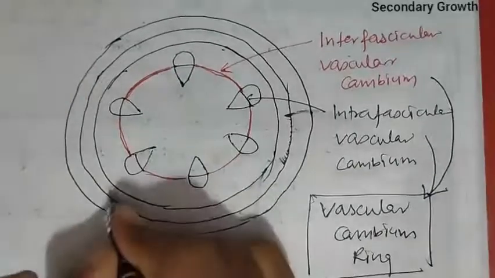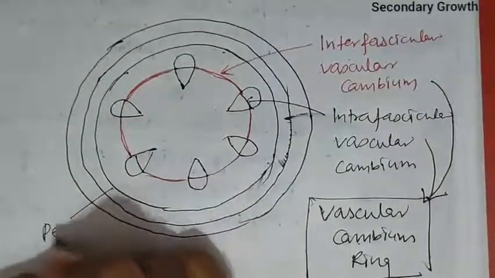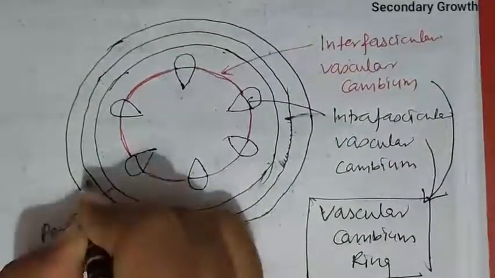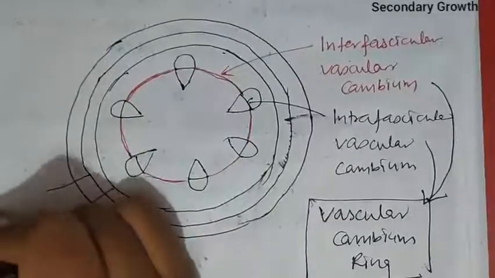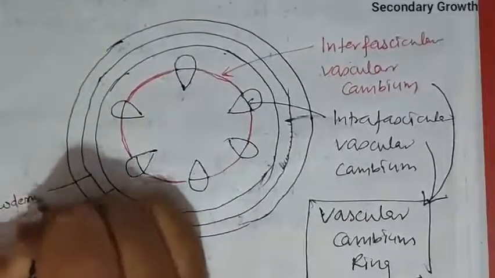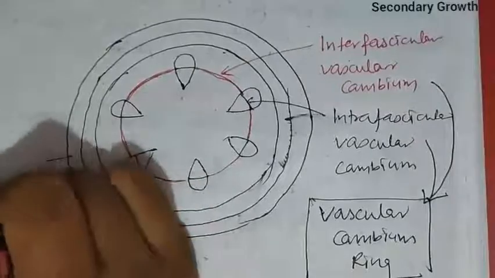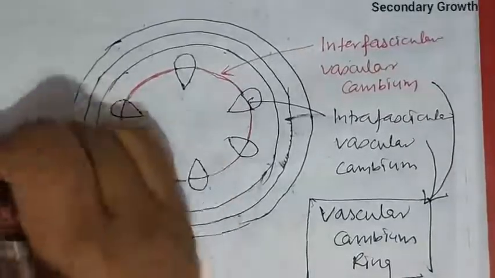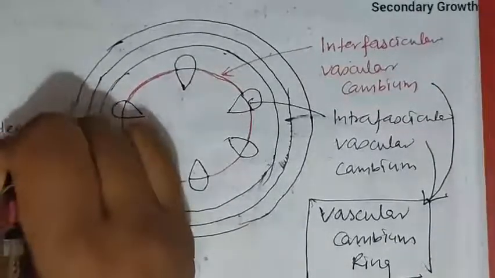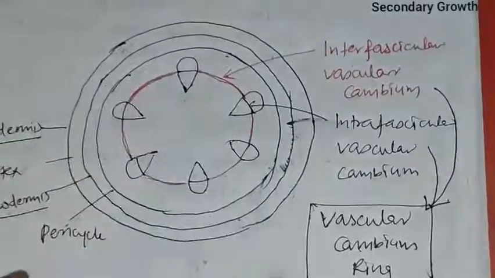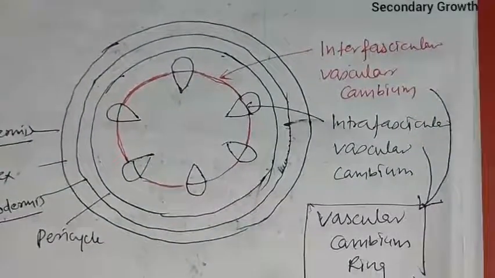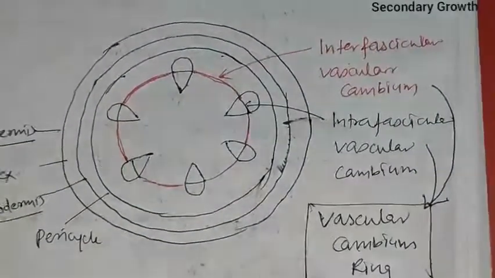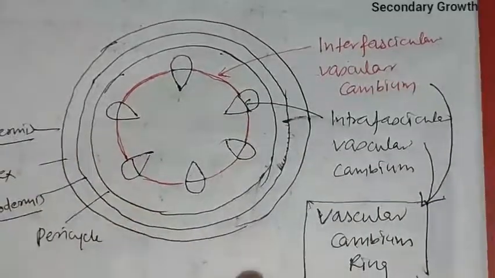Apart from that, the pericycle remains as it is, then endodermis, cortex and epidermis all remain as they are. Only the inter- and intrafascicular vascular cambium join and form a vascular cambium ring.